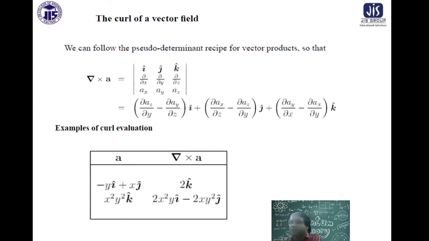Suppose I wish to take my a vector as minus y i plus x j, so basically plus 0 k.